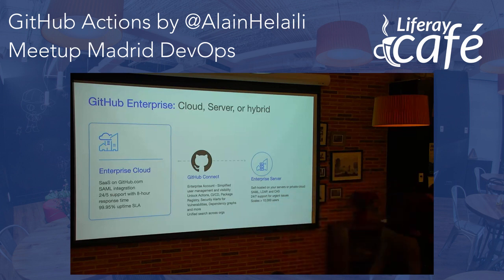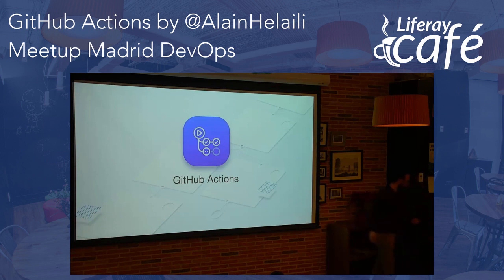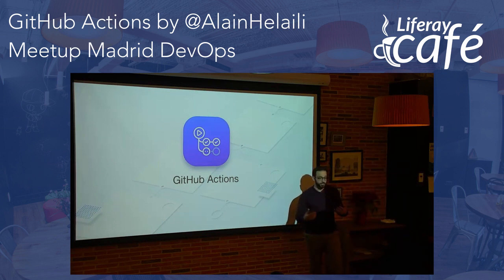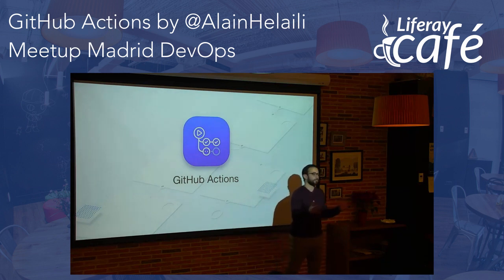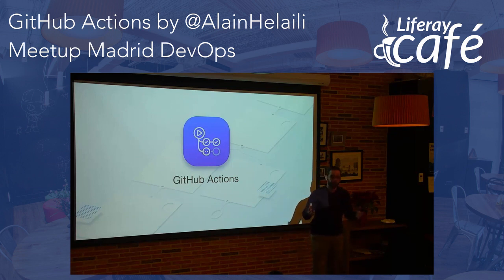Enough about the sales speech. So let's dive into GitHub Actions. Since the acquisition by Microsoft, GitHub has been... but first, GitHub Actions was designed and thought of as a way to automate GitHub. For example, whenever I have an issue, I want to automatically generate a comment.